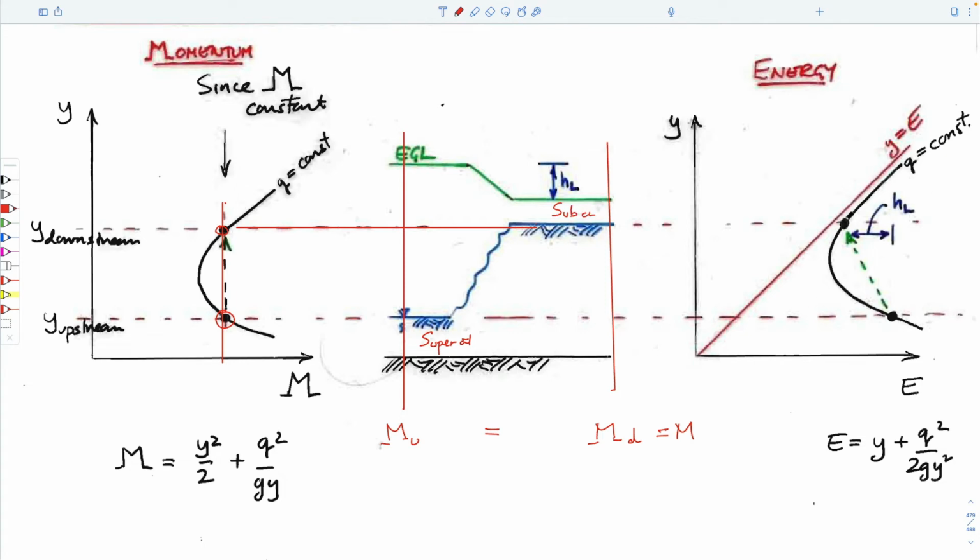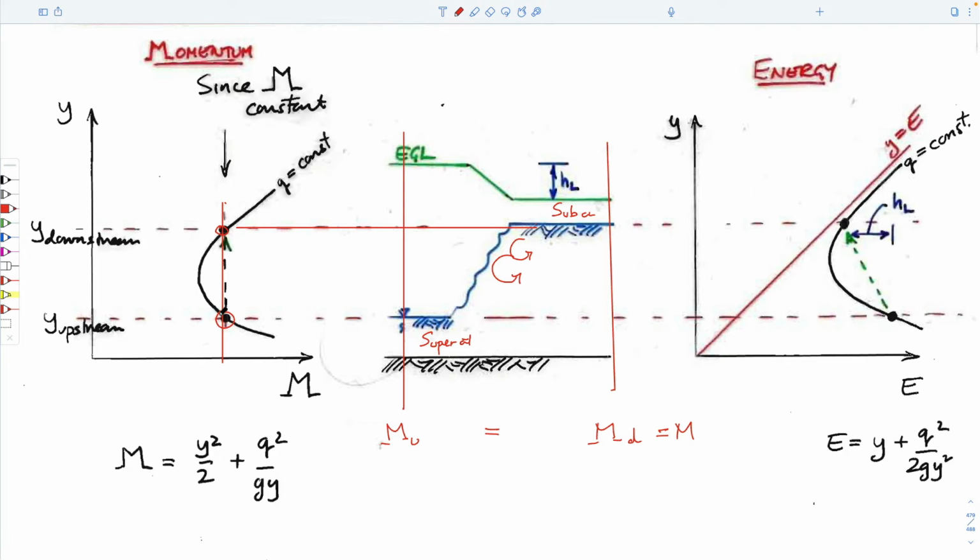And we could do it on the energy diagram just as well, but we need to know what the head loss is in the system to be able to do that. And because this head loss is due just to the swirling of the water in hydraulic jump, it's not very easy for us to figure out exactly what H sub L is. And so if we do it in terms of momentum, we can do it much more easily.